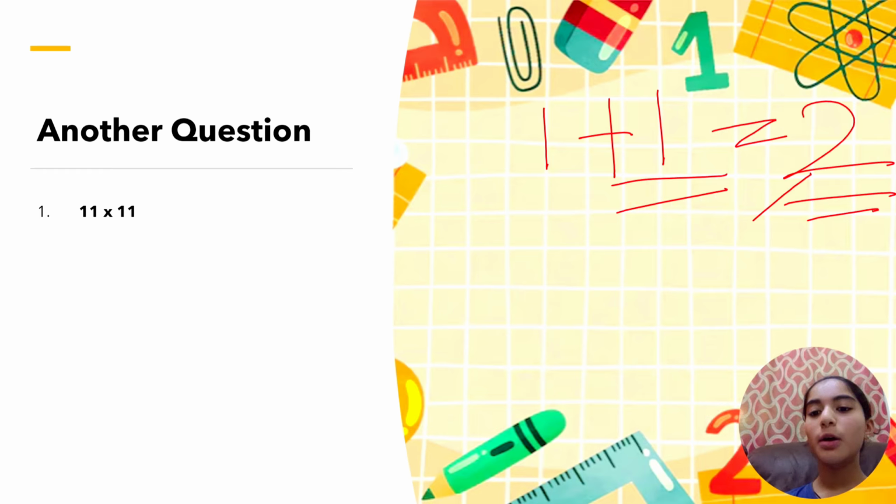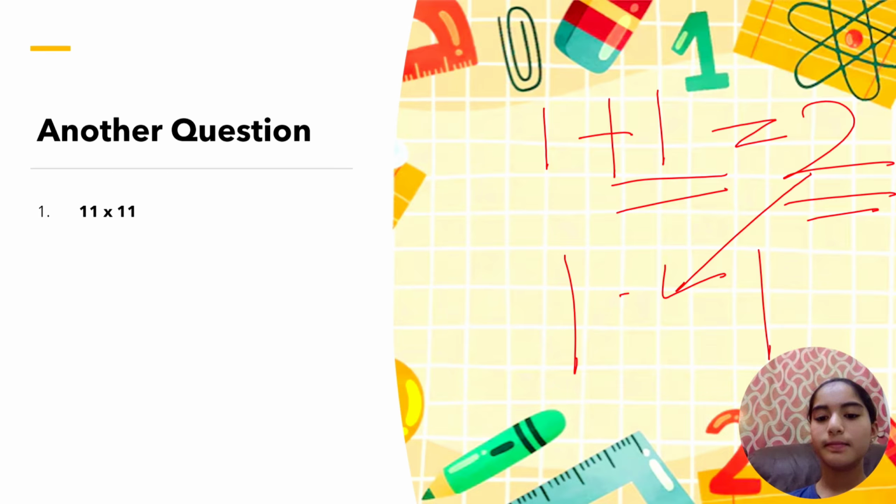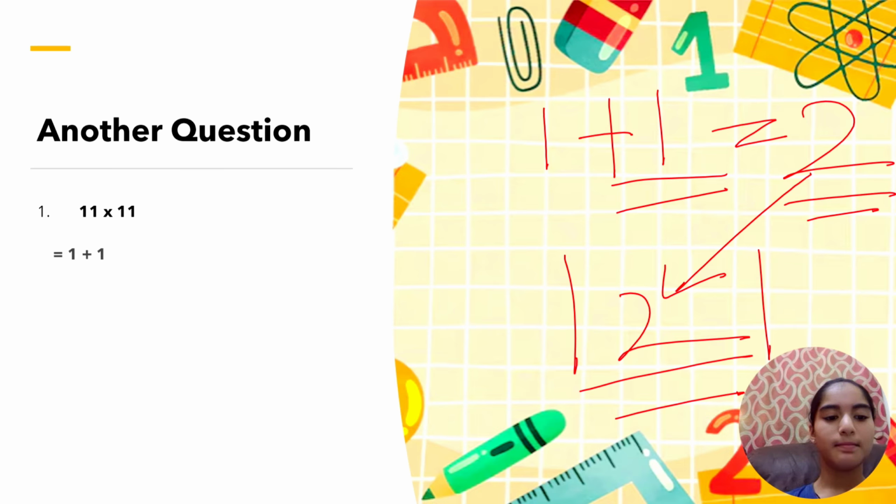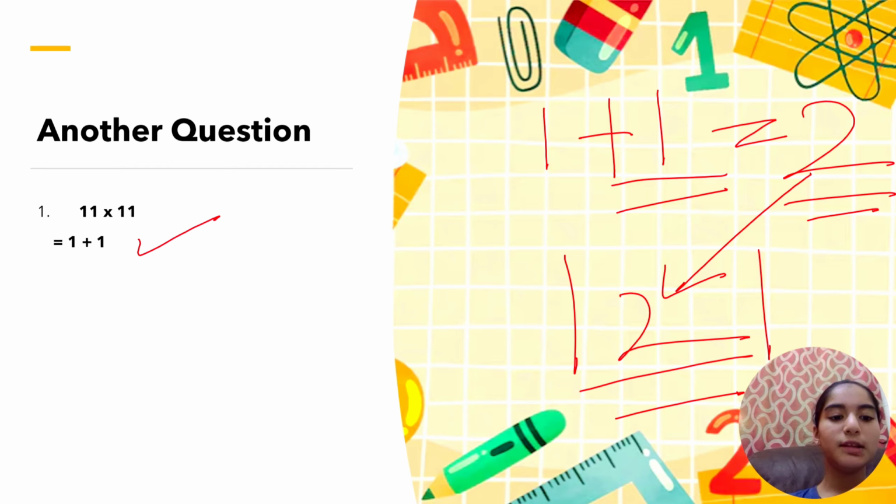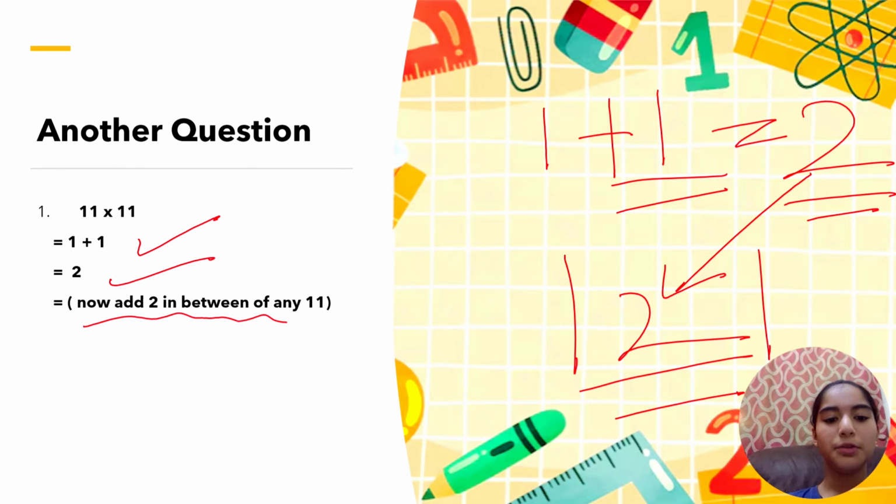And now we place this 2 in between the 1s. 121 will be the right answer. Now let's check. 1 plus 1 is equal to 2. Now add the 2 in between the 1s. 121 is the right answer.